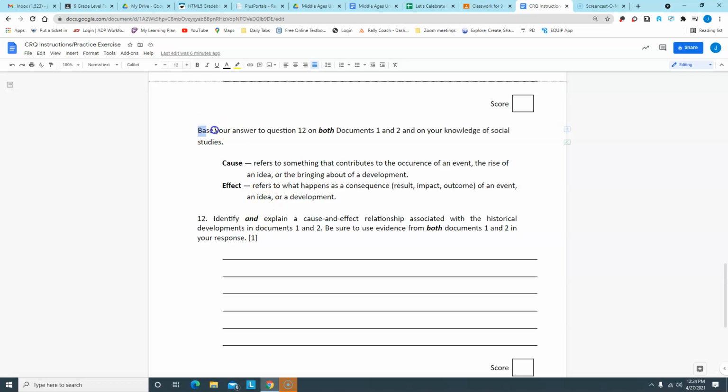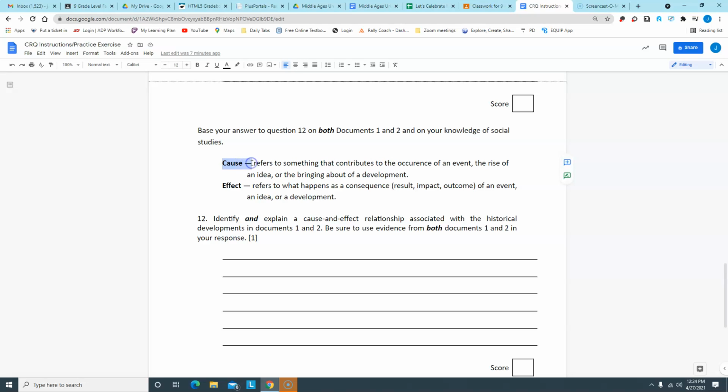Reading up here, it should say base your answers to questions 1 and 2, but for this question, base your answer both on documents 1 and 2 and on your knowledge of social studies. Sorry if I stumbled there.